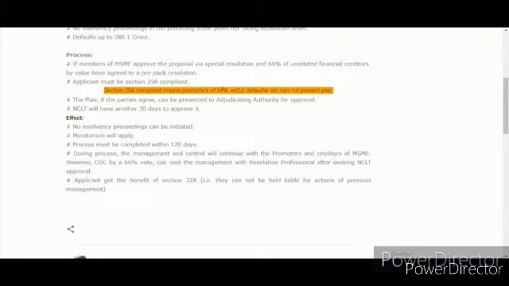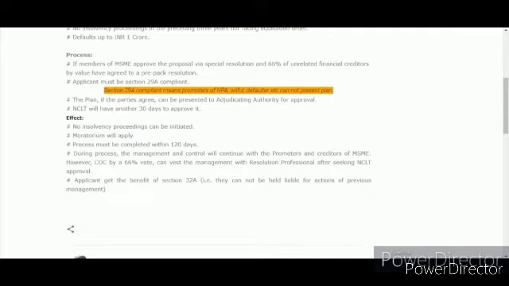And one more interesting aspect, the resolution applicant will also get the benefit of section 32A. Section 32A provides that if the new management or the resolution applicant takes over control of the company, they will not be held liable for the actions of the previous management.